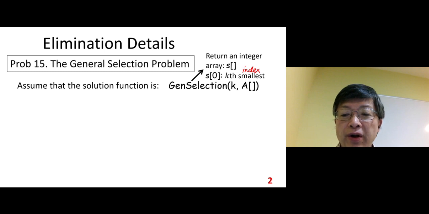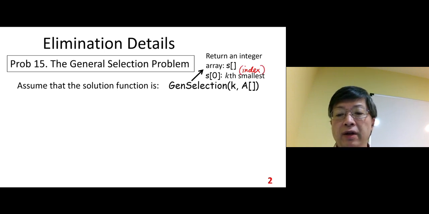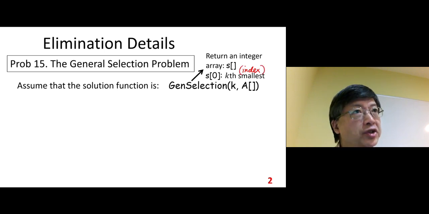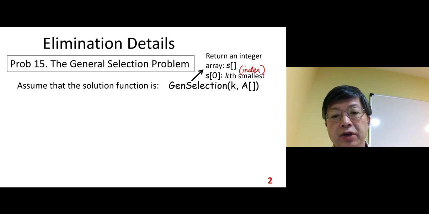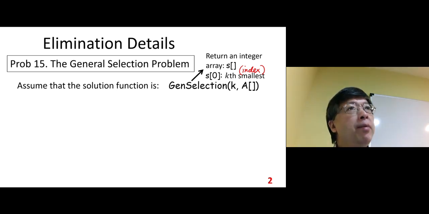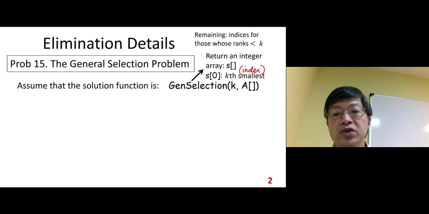So we store the index of the kth smallest element in the original array A. That's the first element in the S array. How about the remaining elements? We store indices for those whose ranks are less than k.